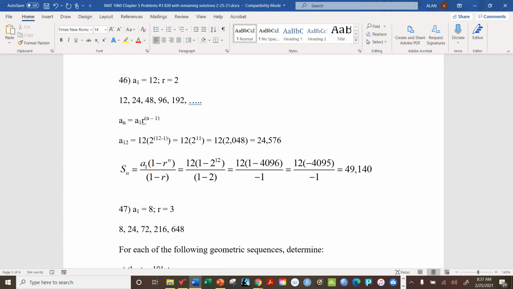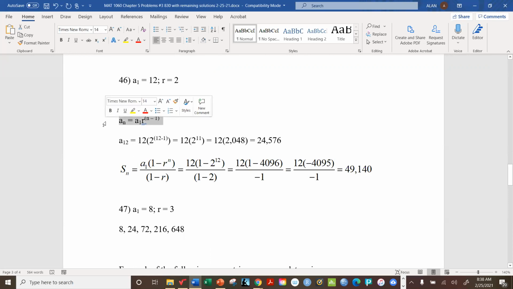And how do we know that? Because what you're doing is tripling it every time you go to the next term. You start with 8 and you triple it and keep tripling it until you get to 648. Now the 12th term, of course, will come from this formula.